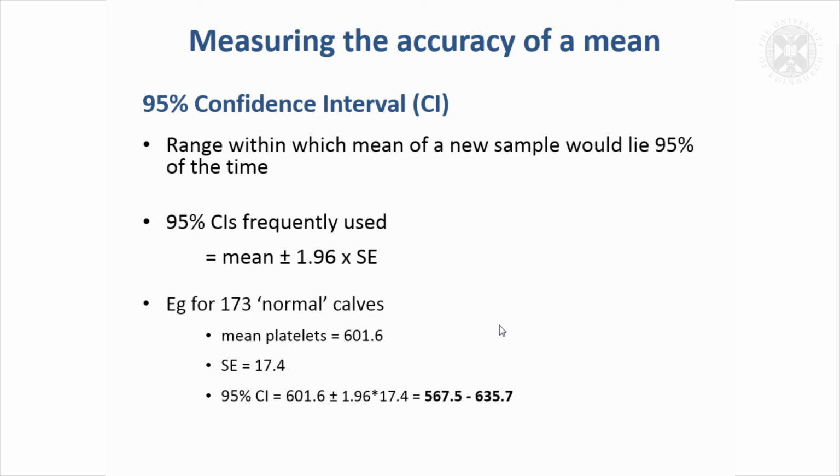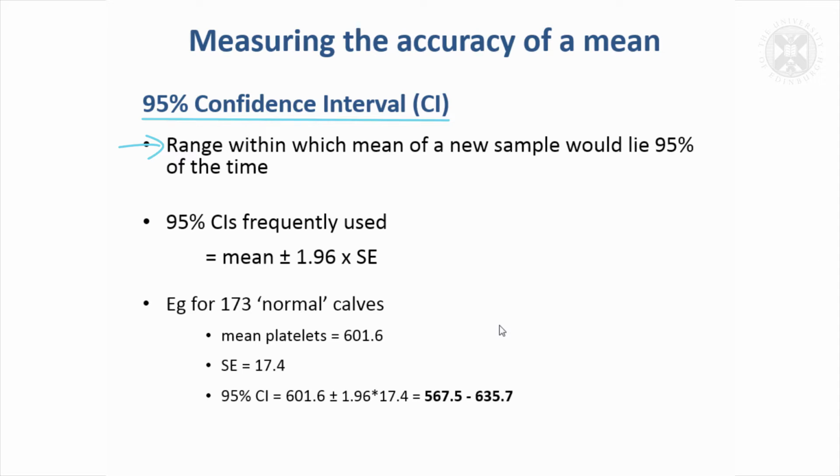Related to standard errors are something called confidence intervals. I'm just going to talk about 95% confidence intervals, because they're the ones that are in most cases used. A 95% confidence interval can be defined as the range within which a mean of a new sample would lie 95% of the time.